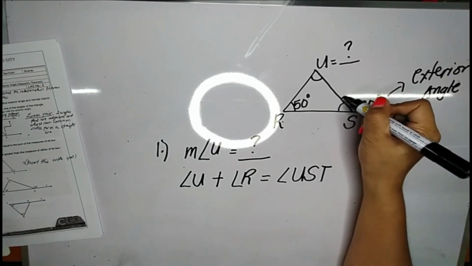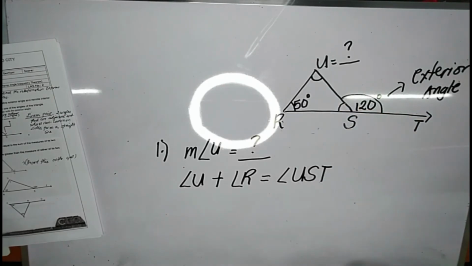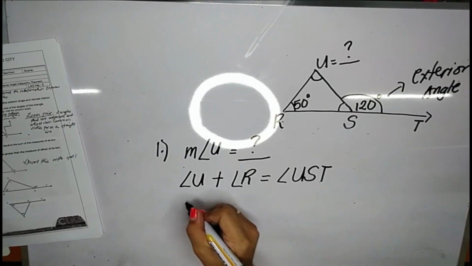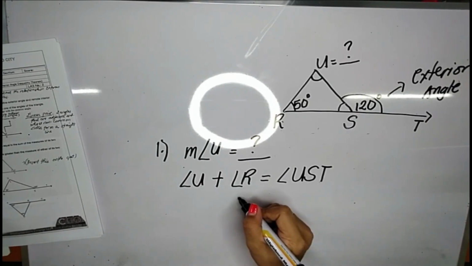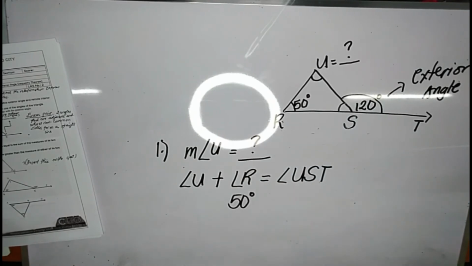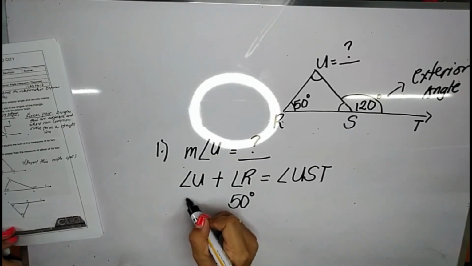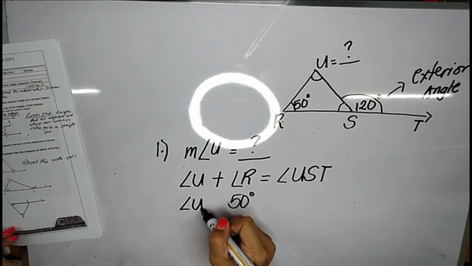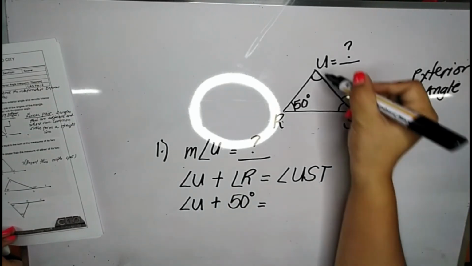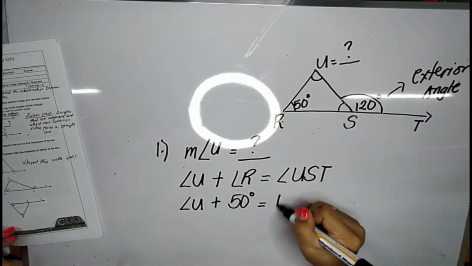Kini nga angle is equal to angle U plus angle R. And we already know that angle R is 50 degrees according to the figure. And angle U muna ang pangitaon. And we know that angle UST, according to the given, is 120 degrees.